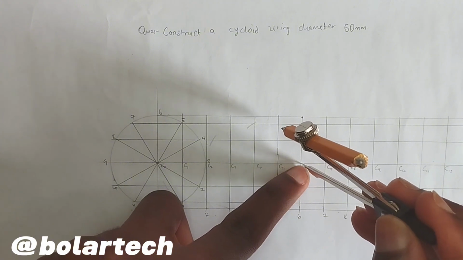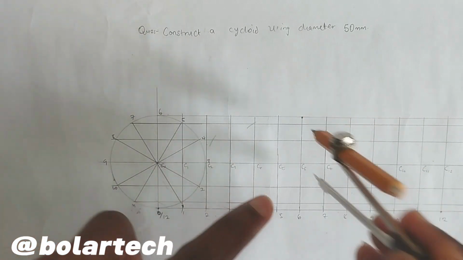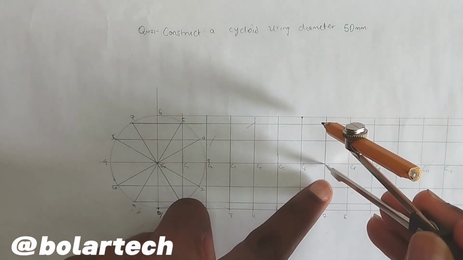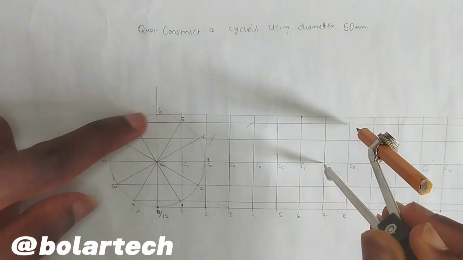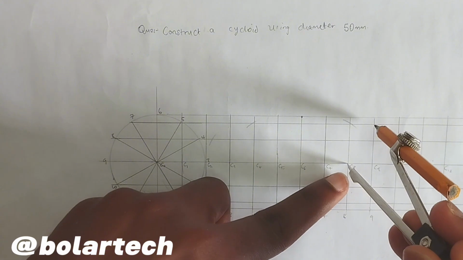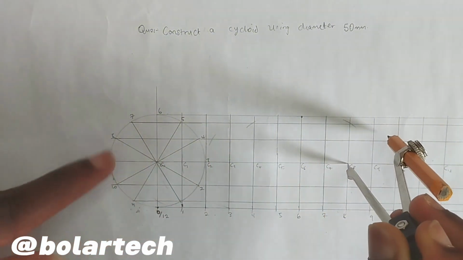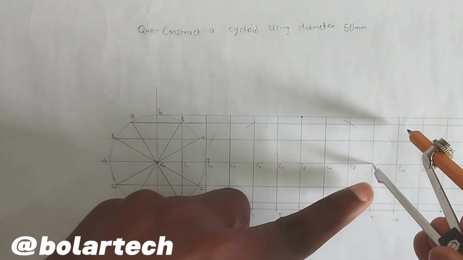Okay, we have gotten our point C6, which is at the edge here. So move to C7. This is line 5 and 7, so we mark it also like this. Then we move to C8. 4 and 8, we mark this place. Then we move to C9.